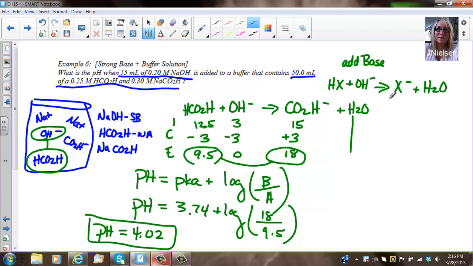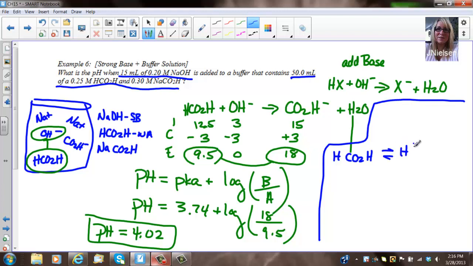I just want to show you that you can still do this the other way. Let's say I'm just going to do it over here in the corner, just so you can have a point of reference. So I've got my HCO2H, and that dissociates into H plus and CO2H minus.